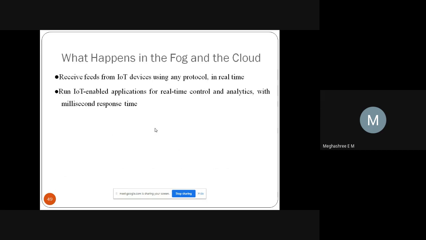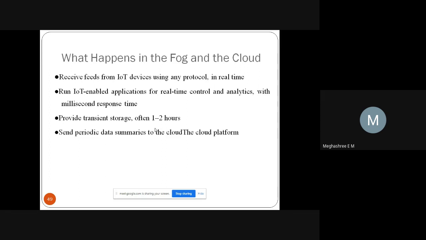Even this happens in the fog layer. Next, provide transient storage, often 1 to 2 hours. Even this also happens in the fog layer. Then send periodic data summaries to the cloud platform. See, after processing all this, the data has to be passed on to the cloud on a periodic basis.